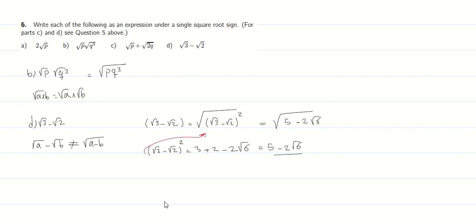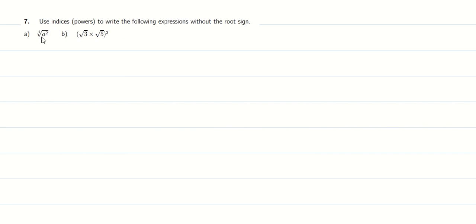So on this question, we want to use the indices to write the following expressions without the root sign. So on A, we have the fourth root of a squared. We're going to write this as a squared to the power of 1 over 4.